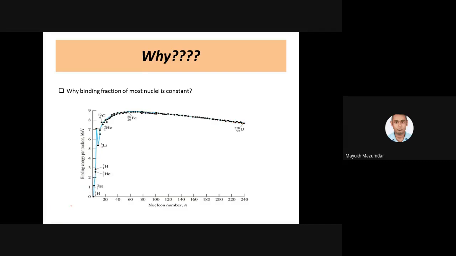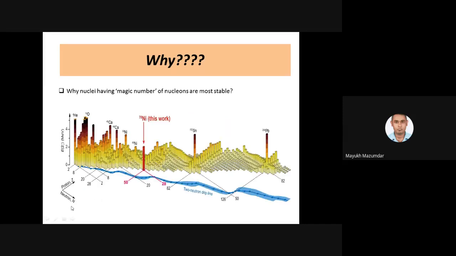Why? Certain atomic numbers and neutron numbers led to tremendous stability. With respect to its neighboring nuclei, these nuclei showed very high binding energy per nucleon values.